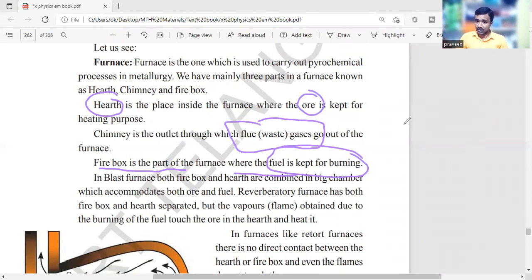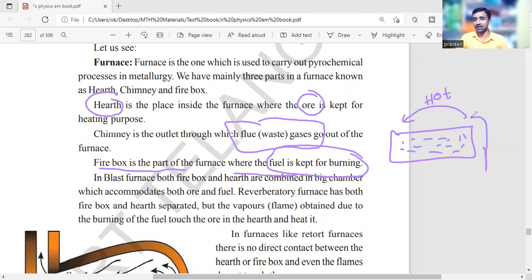Then the reverberatory furnace has contact with gases, right? Hot gases will be supplied over the hearth where you place the ore particles. From the firebox, you are producing the hot gases.